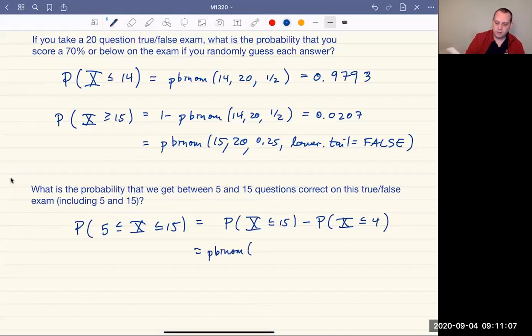This would be pbinom(15, 20, 0.5) minus pbinom(4, 20, 0.5).